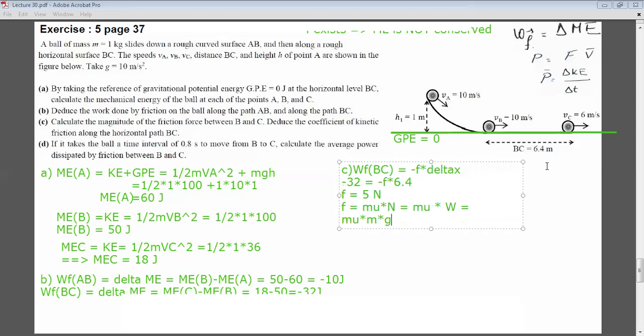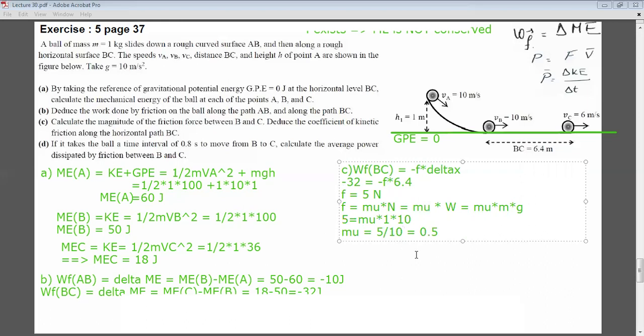Because on the horizontal path BC, N is equal to W, because the summation of forces along the y-axis is 0. Now I substitute 5 instead of F. This is equal to mu times m, which is 1, times g, which is 10. So I get mu equal to 5 over 10, which is 0.5.